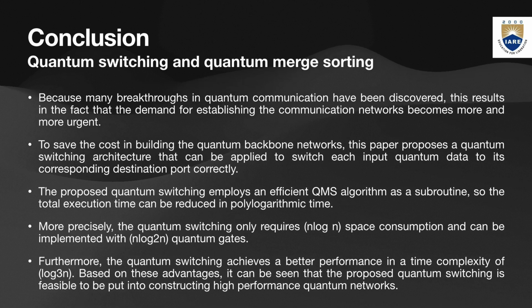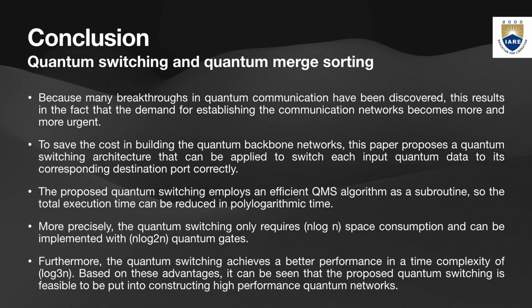Furthermore, the quantum switching achieves a better performance in the time complexity of log 3n. Based on these advantages, it can be seen that the proposed quantum switching is feasible to be put into constructing high performance quantum networks.